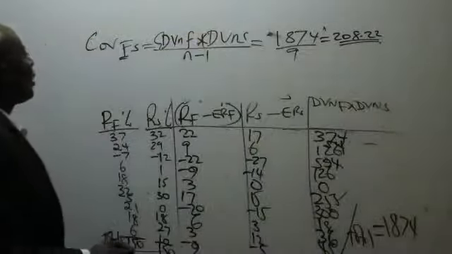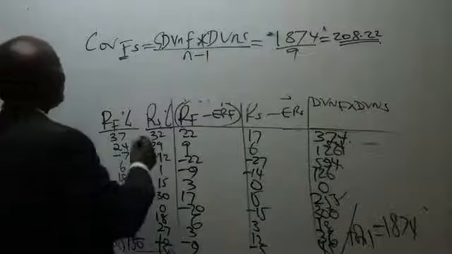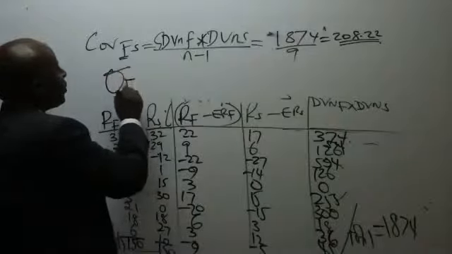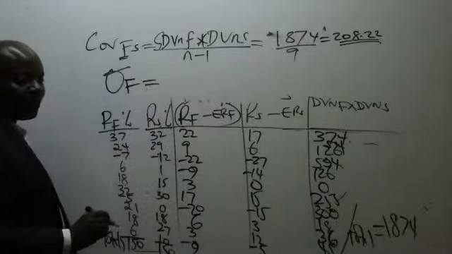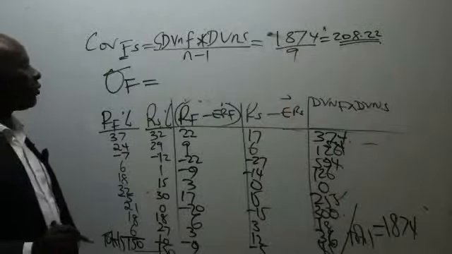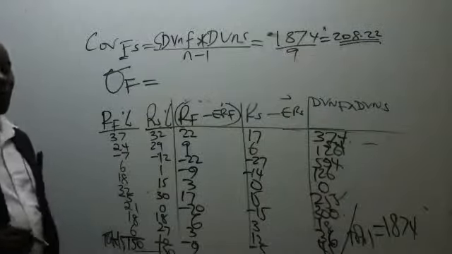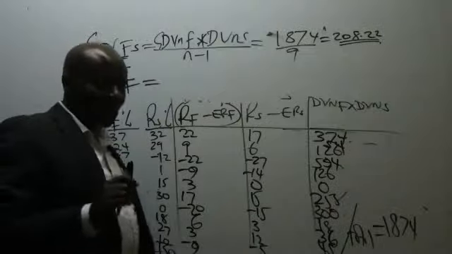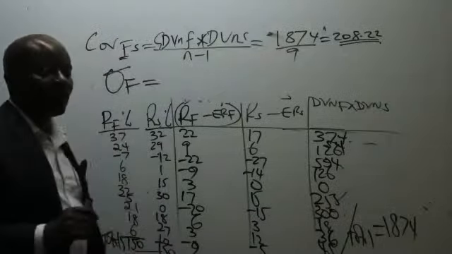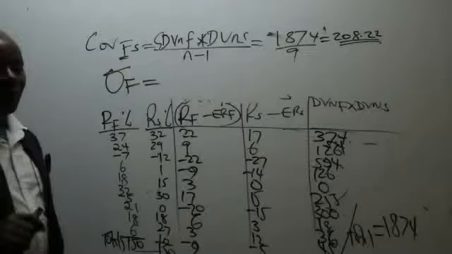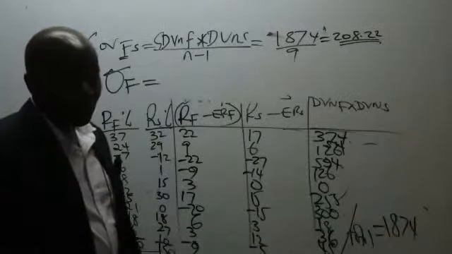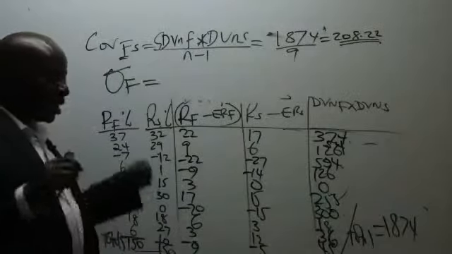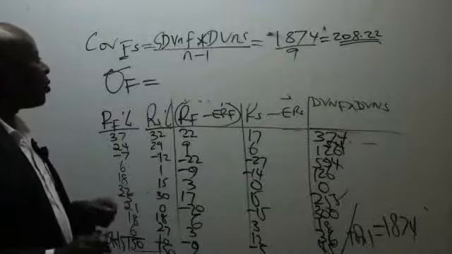For purposes of getting correlation, I need the individual standard deviation. I need the standard deviation of F. Is there somebody who can write the standard deviation of F formula? I know this is a root mean square.